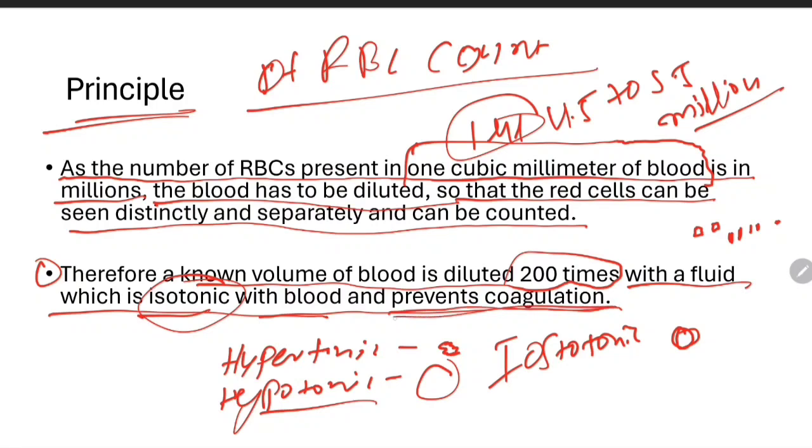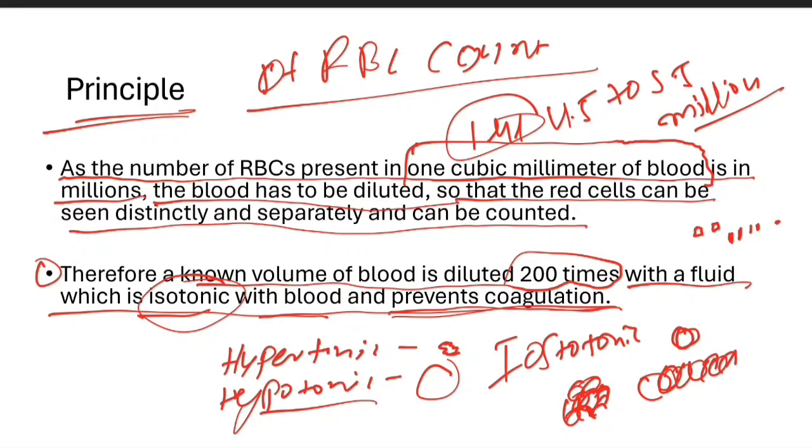And why the anticoagulant? Otherwise cells will stick together. Suppose this is one RBC, all the RBC will stick together and counting will be impossible, or rouleaux formation will occur, where RBC form a chain-type structure, and that will be difficult to count.